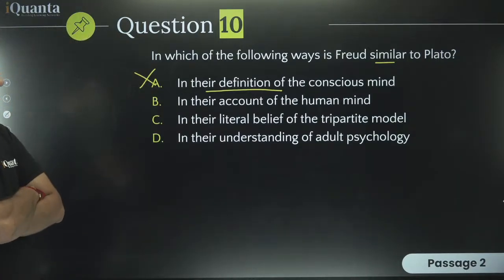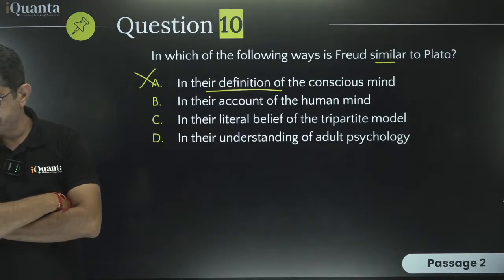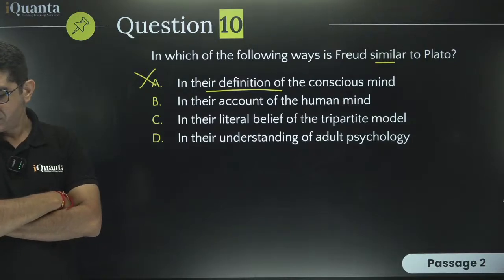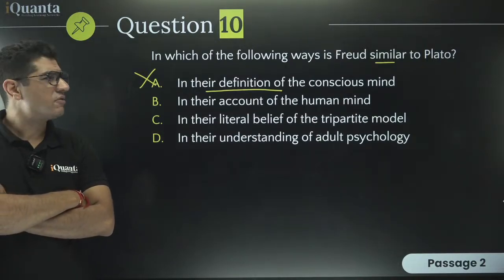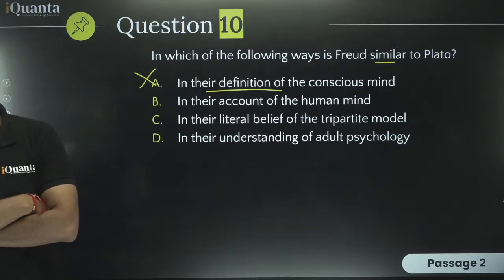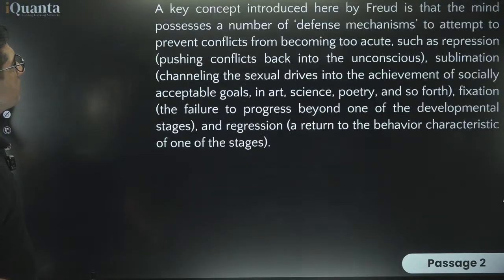Okay, can I say Freud is similar to Plato in their account of the human mind? I guess yes. Freud has a theory of the unconscious mind, Plato has a theory of mind. Both of them are tripartite. Remember the first paragraph. Hang on. Let me just take you back to the first paragraph.